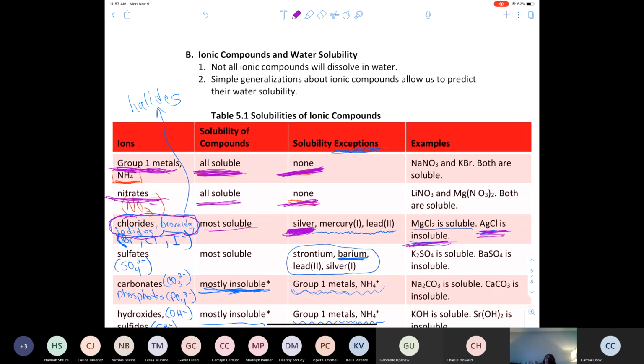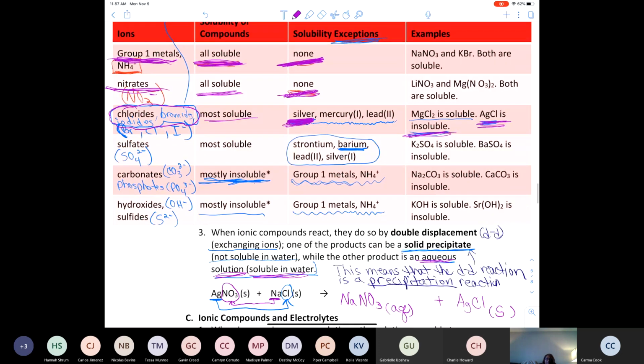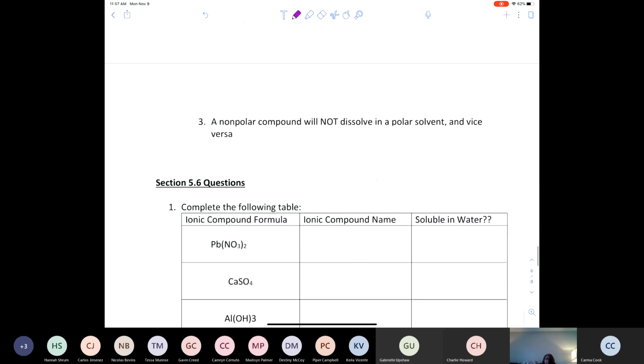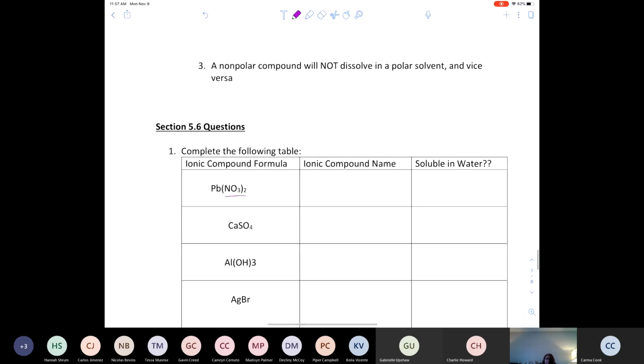If the nitrate polyatomic ion is present, no exceptions. So therefore, we can answer yes, because this contains the nitrate polyatomic ion. It's soluble. And this is lead nitrate. And lead is a transition metal, so I've got to put my Roman numeral, lead 2 nitrate.